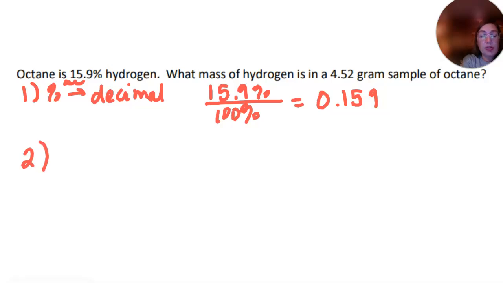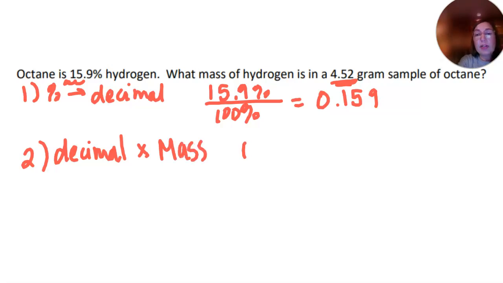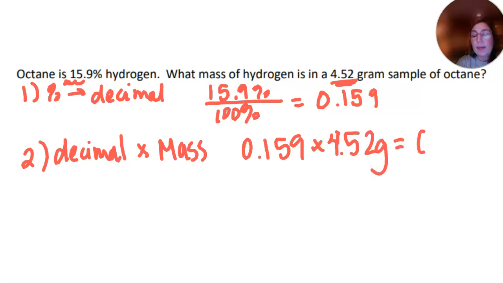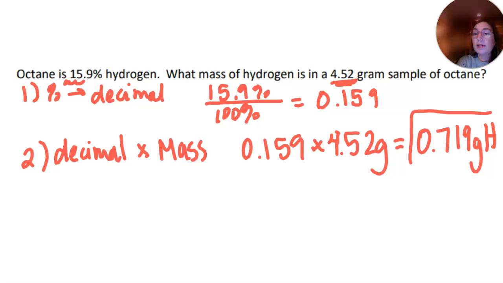In step 2, all you have to do is take that decimal form, that ratio, if you will, times the total mass you've been given. So we take 0.159 times the 4.52 gram sample, and 0.719 grams of that is actually hydrogen.